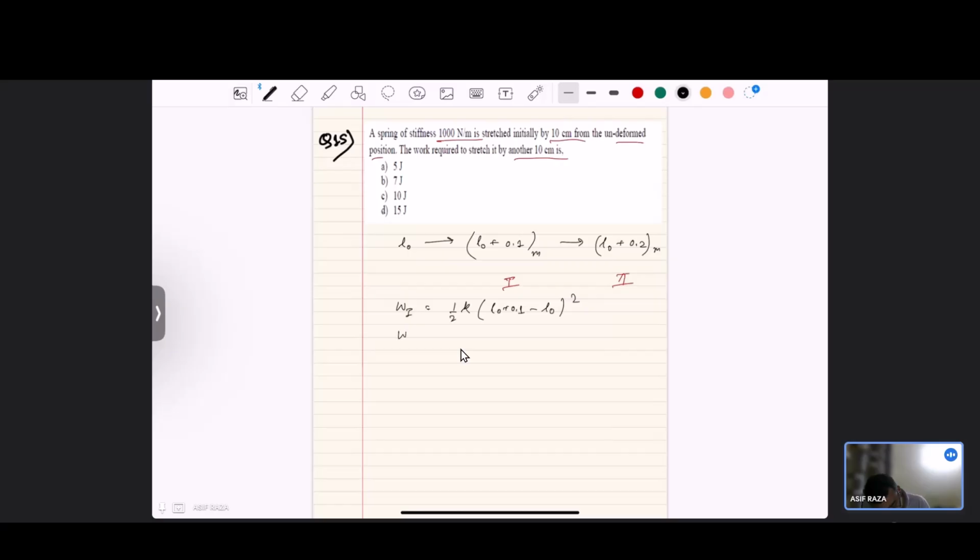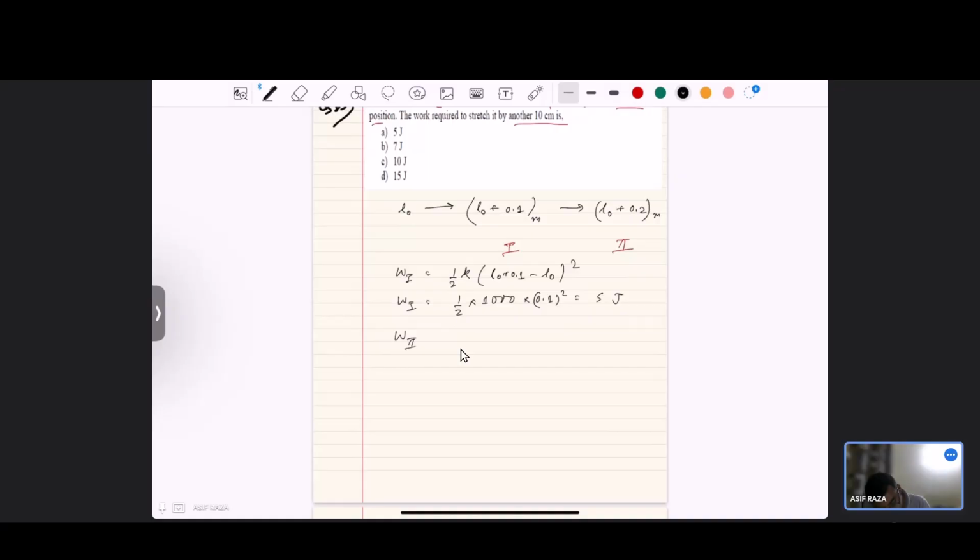So W1 was half into 1000 into 0.1 square. This was 0.01, so 500 times 0.01 is 5 joule.